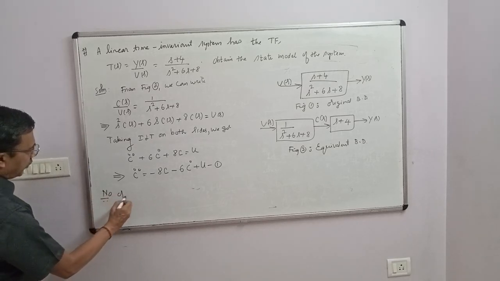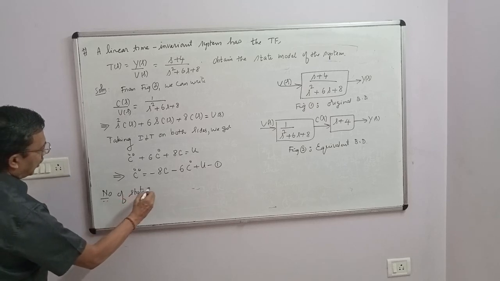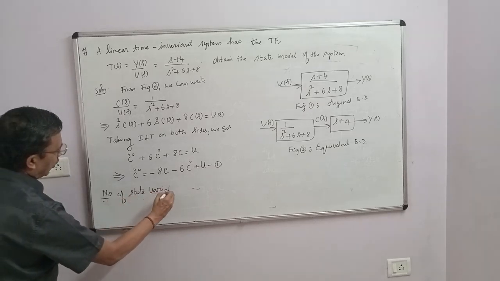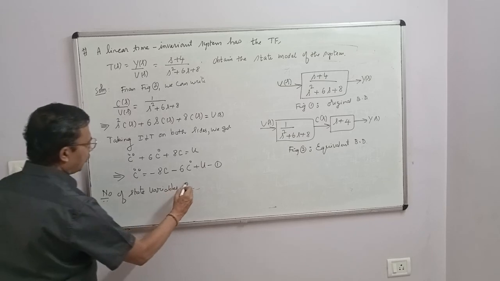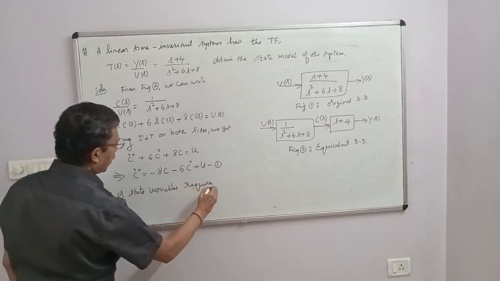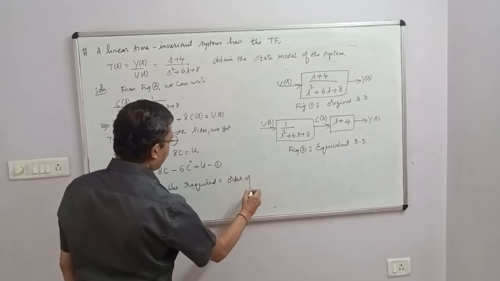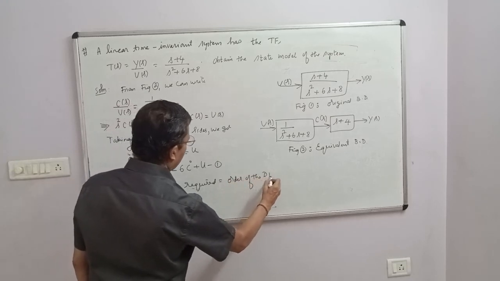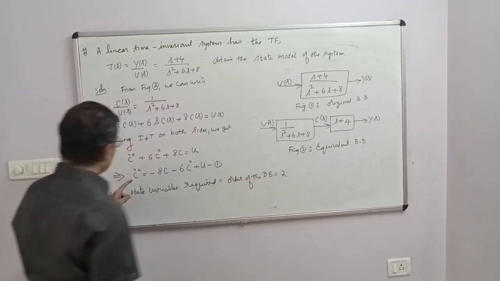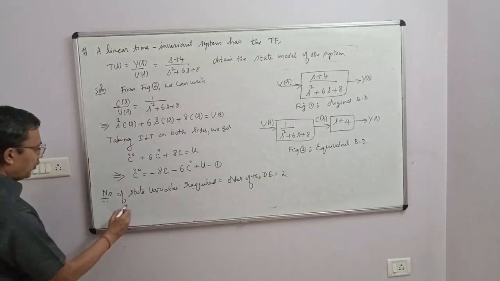Number of state variables required is equal to the order of the differential equation, which is nothing but 2. Therefore, 2 state variables are required.